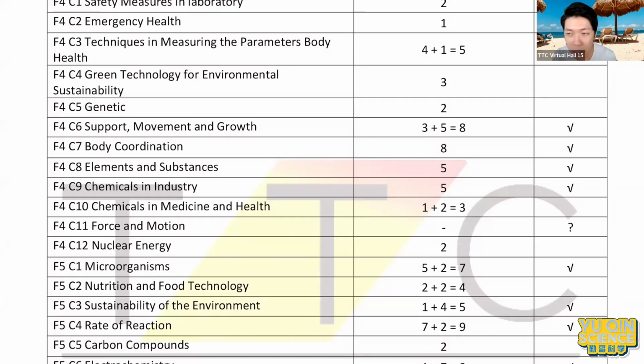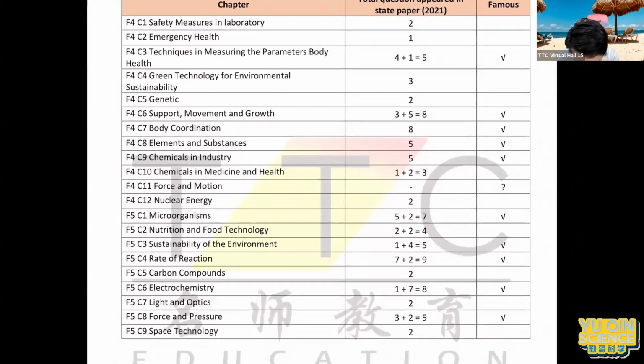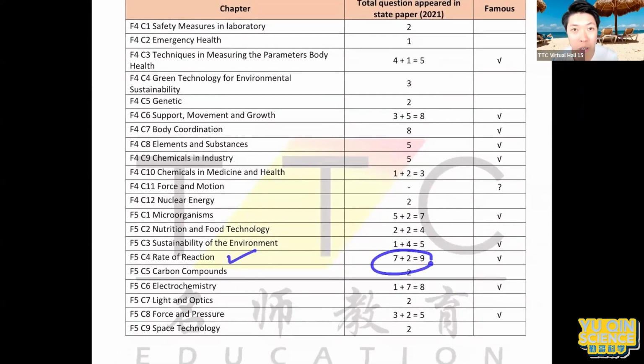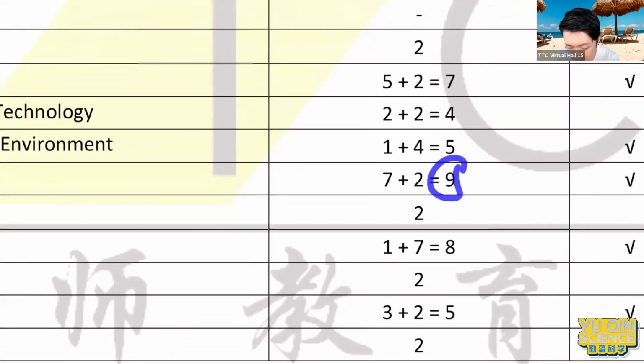If I wasn't doing this, I wouldn't realize that rate of reaction was a super hot question in your state papers, like 9 states. 7 of them are Section A experiment, drawing graph. 7 states came out with Section A, 2 states came out with Section B, theory stuff.